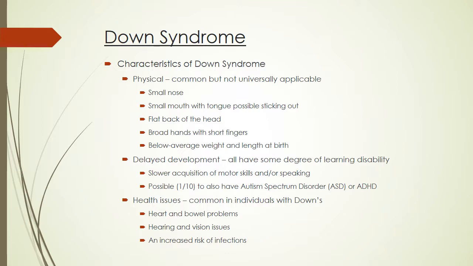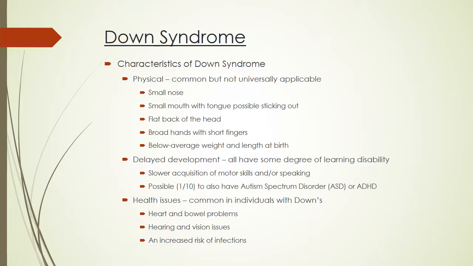These include maybe a small nose, possibly a small mouth with a tongue sticking out, a flat back of the head, broad hands and short fingers, and possibly a below average weight and length at birth. So a lot of these characteristics, again, are fairly obvious, and many of these individuals are identified at birth.